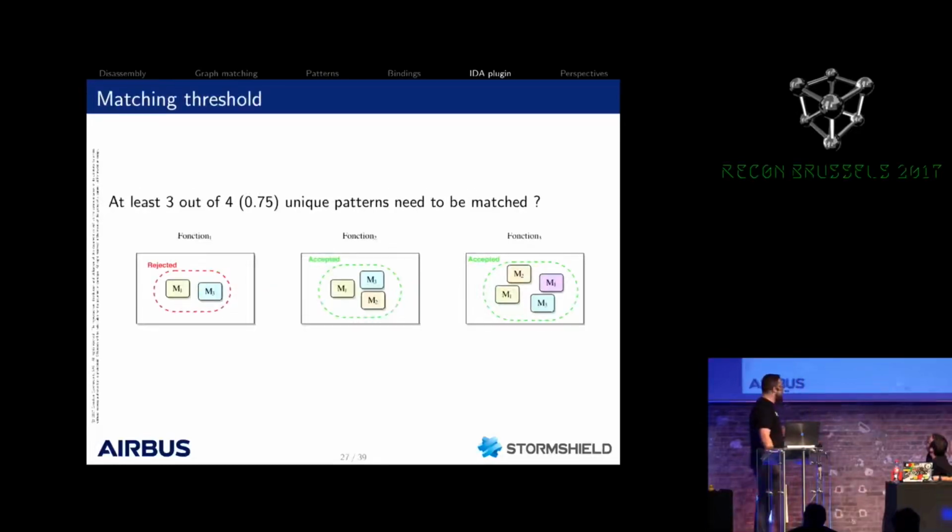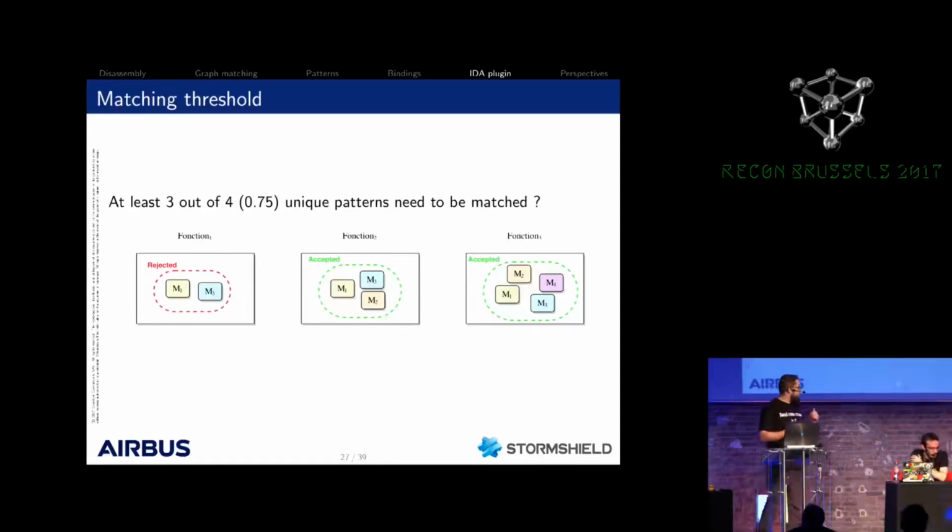Then we have the threshold. Sometimes with the pattern we can have some errors. So at the right we have 4 patterns for one function. We match all patterns, so okay, it's good. But in the middle, the pattern number 4 is not here.